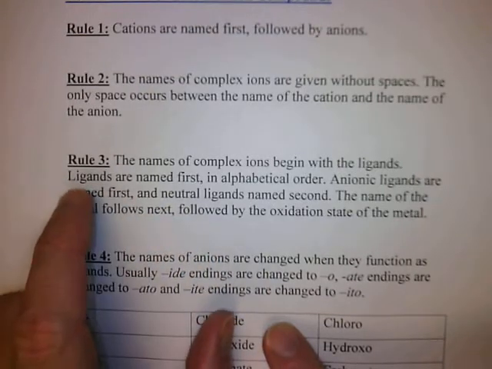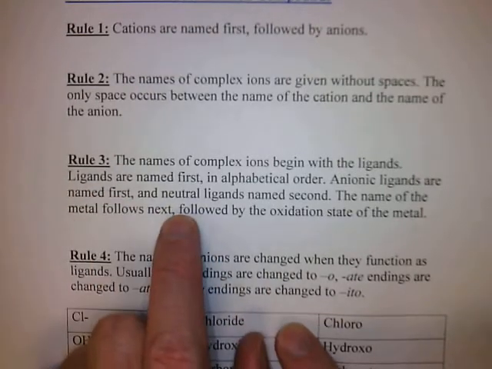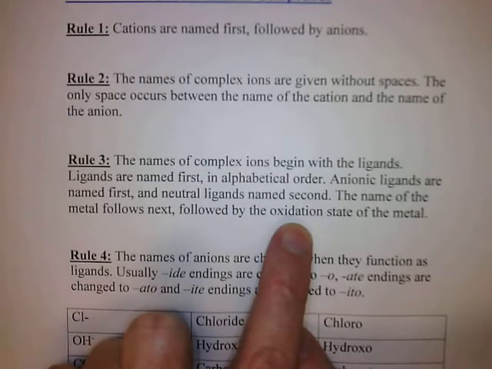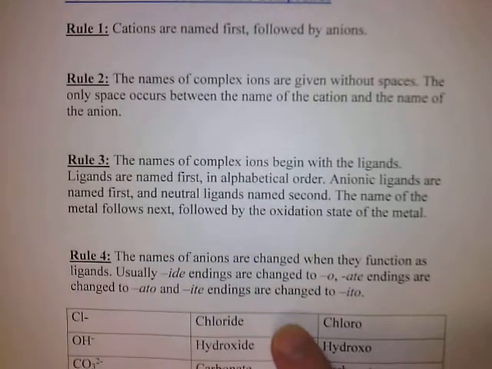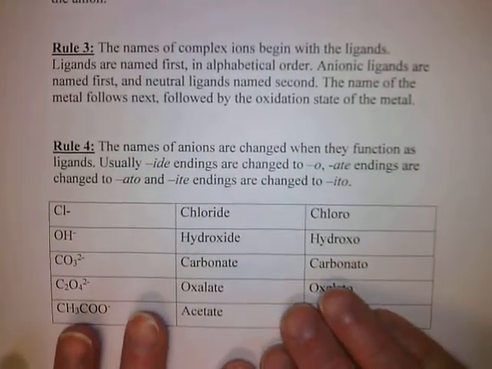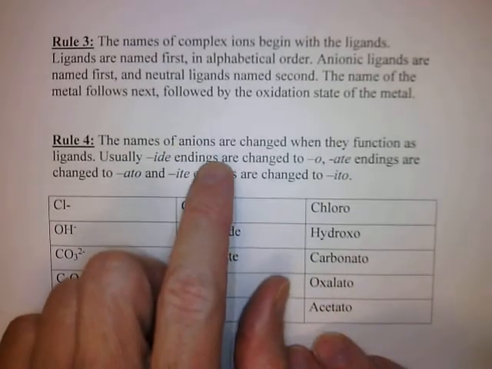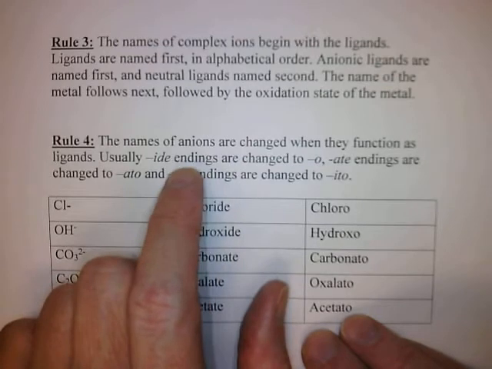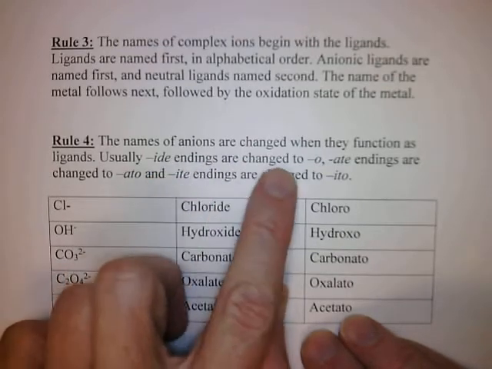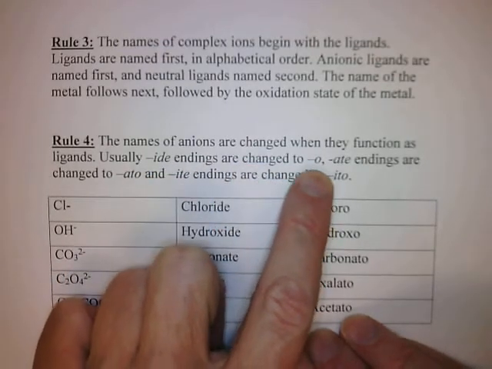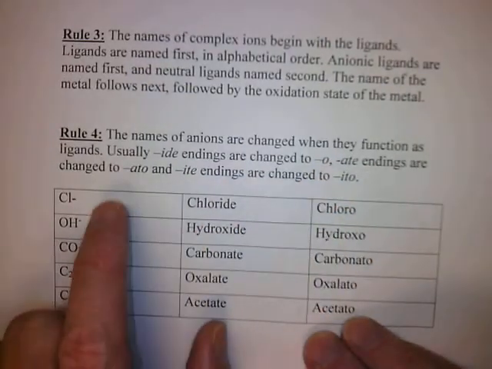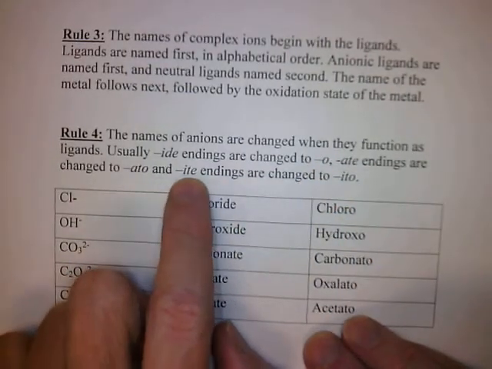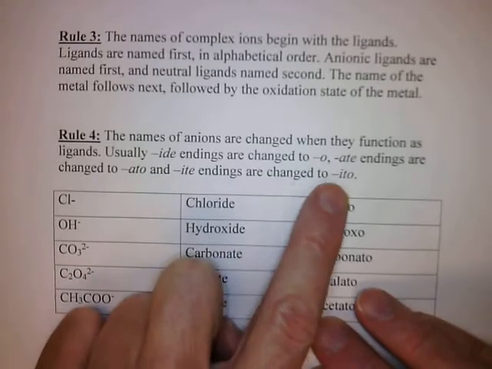So it's the name of the ligands, the name of the metal, and the oxidation state of the metal. So the names of anions are changed when they function as ligands. Ide endings become changed to o, ate endings are changed to ato, and ite endings are changed to ito.